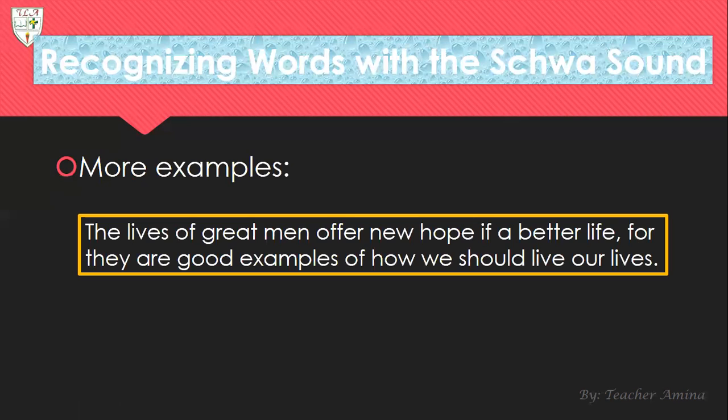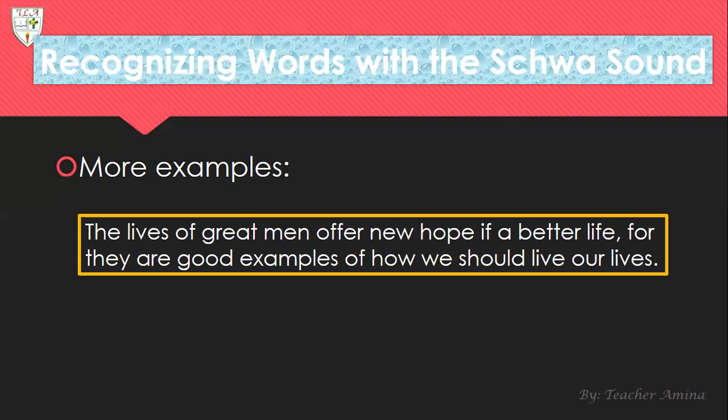More examples. I will read this sentence and let's identify which word has the schwa sound. The lives of great men offer new hope of a better life, for they are good examples of how we should live our lives.